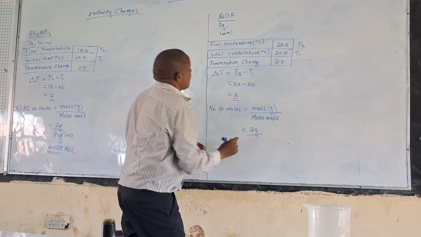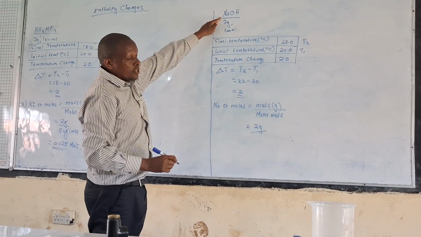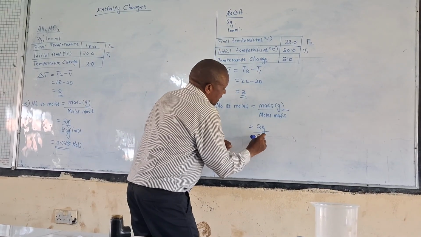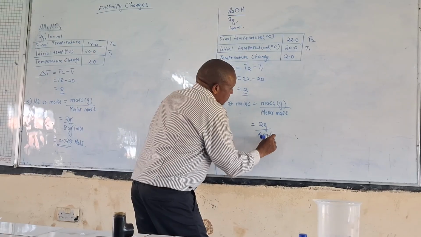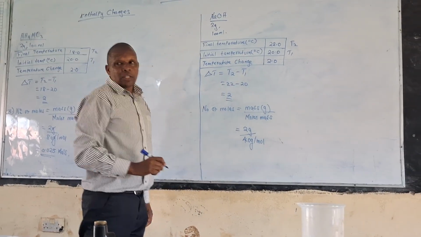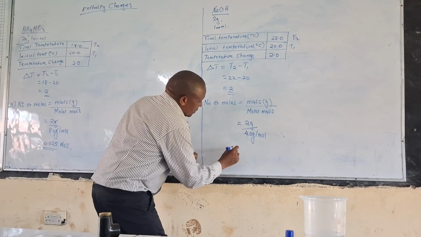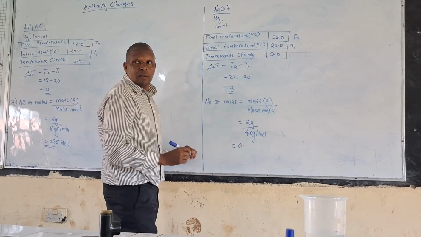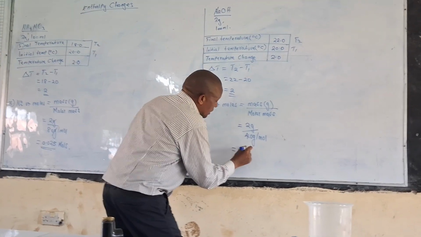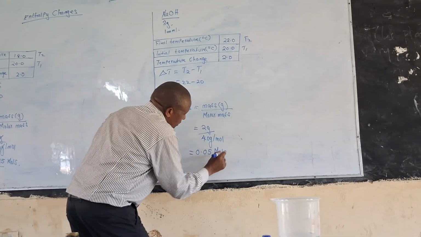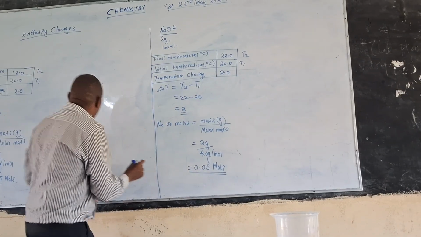What is our molar mass of sodium hydroxide? 40. So the molar mass of sodium hydroxide is 40 grams per mole. Very good. What do we get here? 0.05 moles. So those are the number of moles.